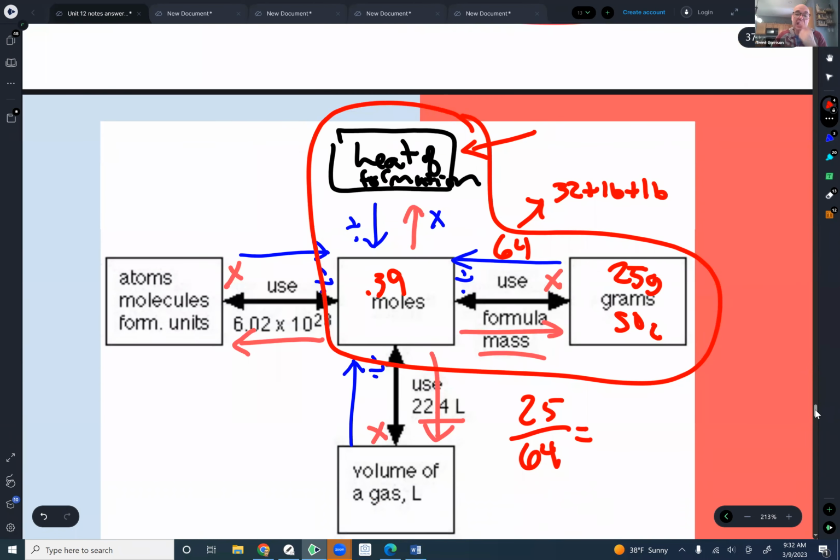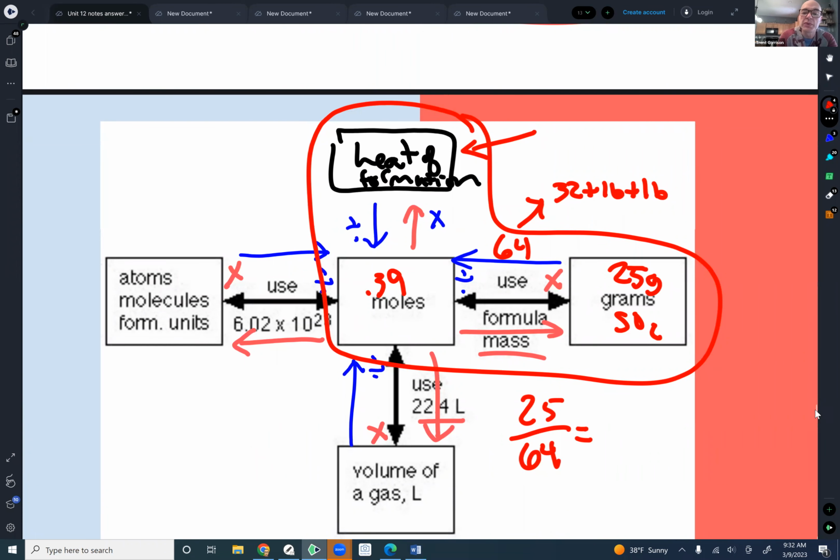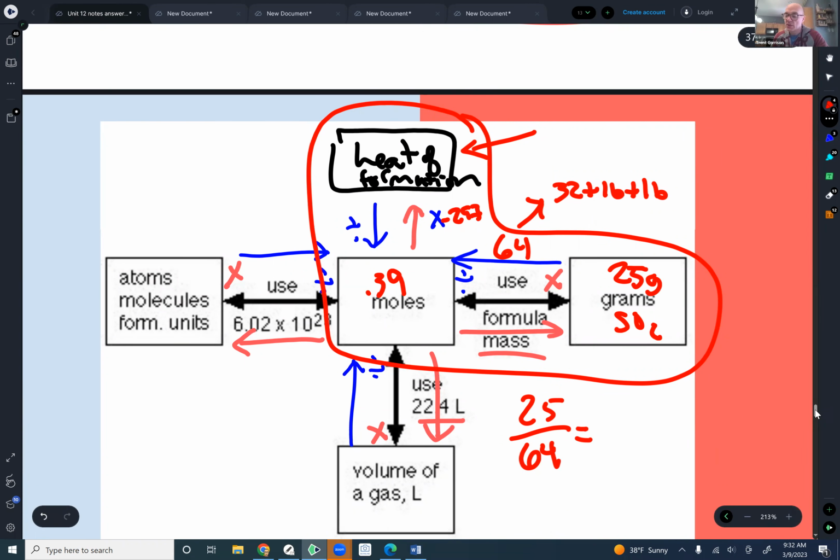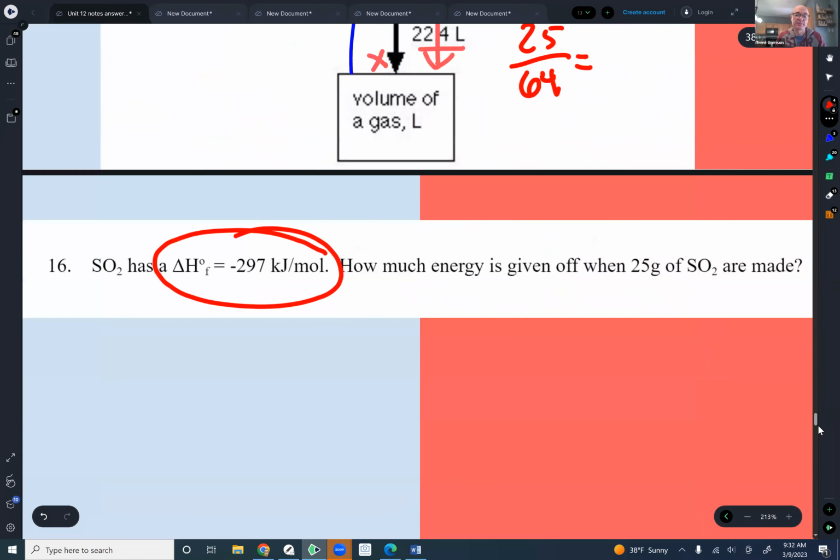So I will take my 0.39 and multiply it by negative 297 kilojoules. So 0.39 times negative 297 is a negative 116 kilojoules. That's how much heat is required to make 25 grams of SO2.